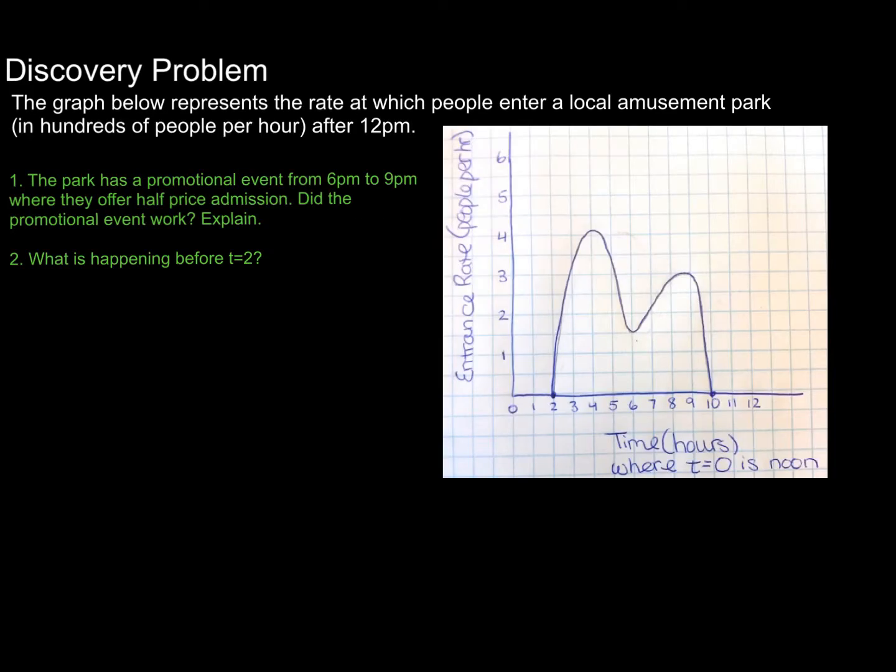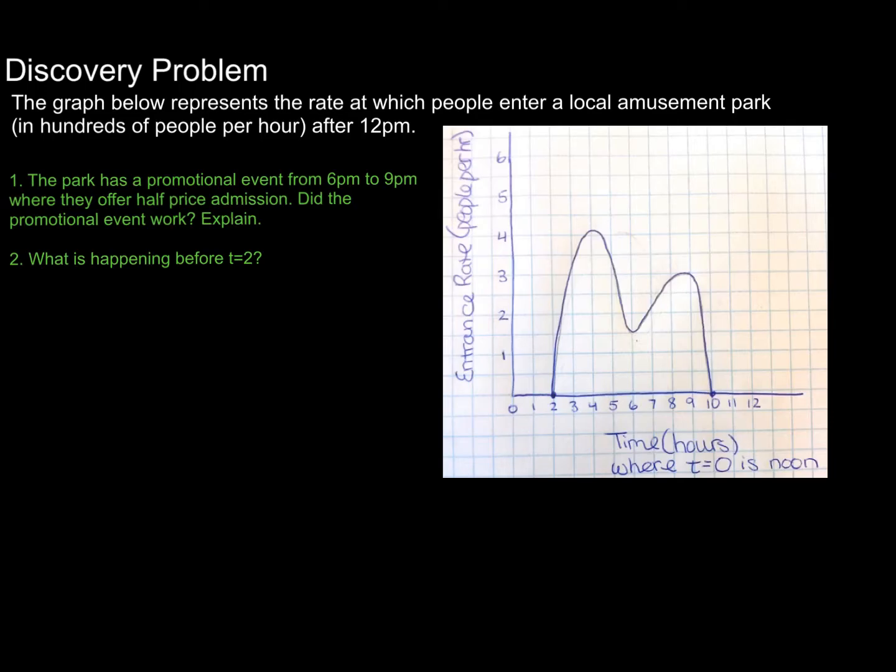To get us started here, the graph below represents the rate at which people enter a local amusement park in hundreds of people per hour after 12 p.m., or noon. Two questions: the park has a promotional event from 6 p.m. to 9 p.m. where they offer half-price admission. Did the promotional event work? Explain your reasoning.